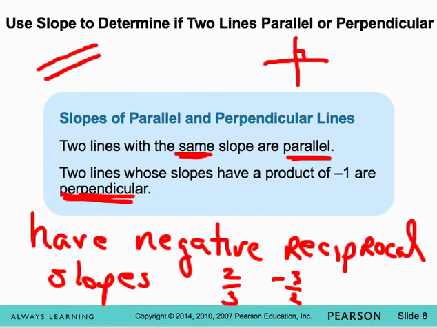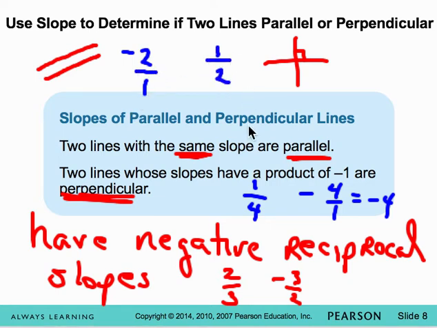If you have a slope of 1/4, then perpendicular would be -4/1, or just -4. If you had a slope of, let's say, -2, the reciprocal of -2, because really I see it as a fraction, would be 1/2.